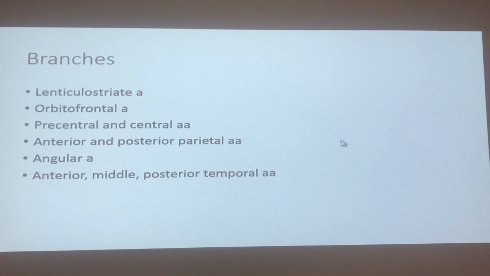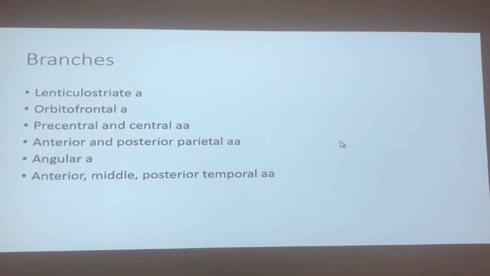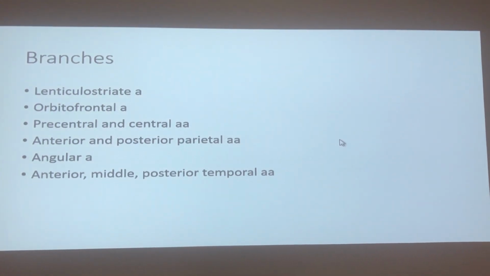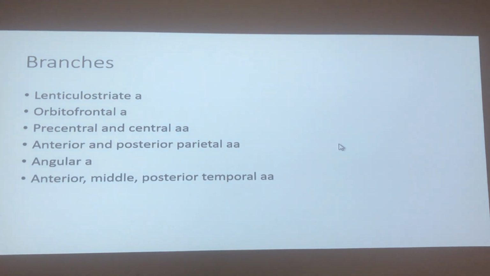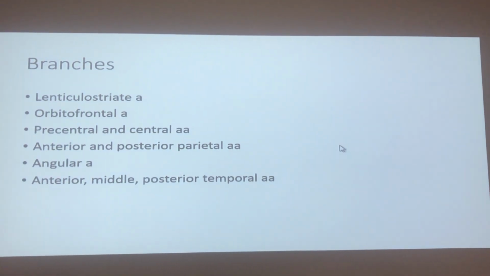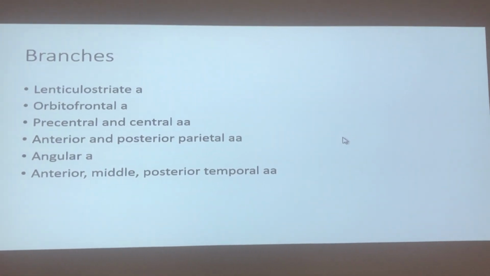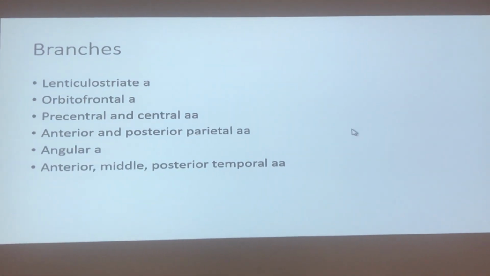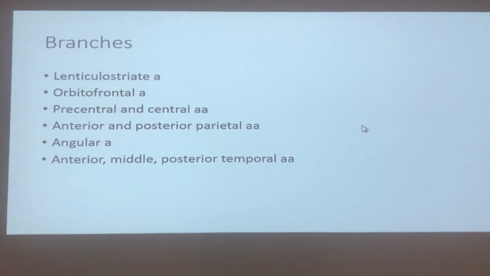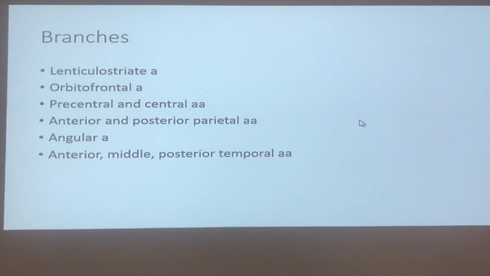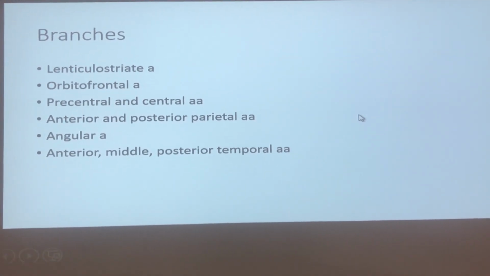The anterior and posterior parietal branches affect the parietal lobe. The angular branch affects the angular gyrus, while the anterior, middle, and posterior temporal arteries affect the temporal lobe. The posterior temporal artery also affects the lateral occipital lobe.